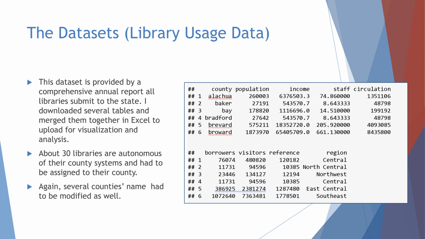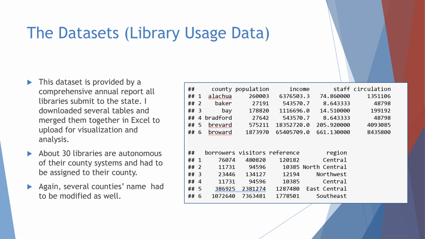Another thing I had to do was that there were several cooperatives that form over multiple counties. So for those, I had to break them up and divide the data into those specific pieces.